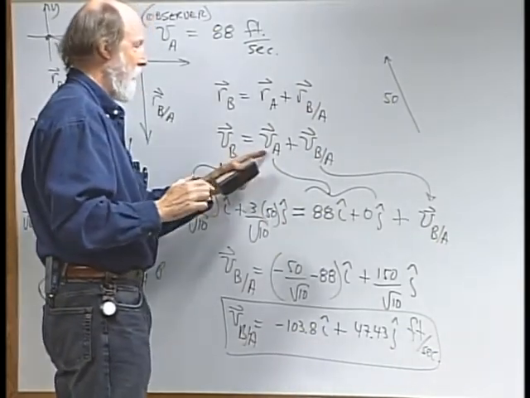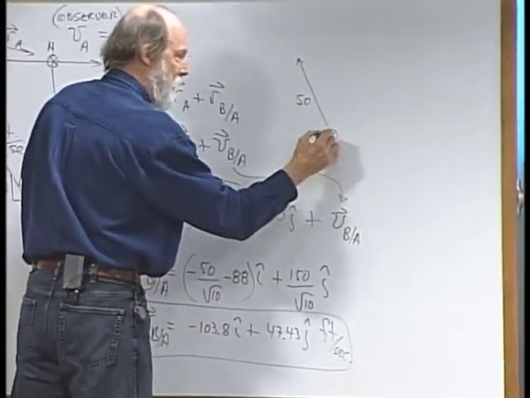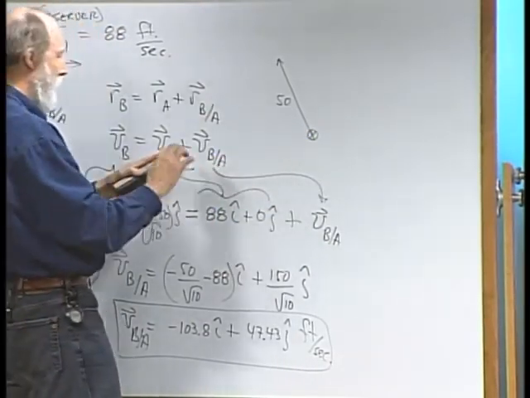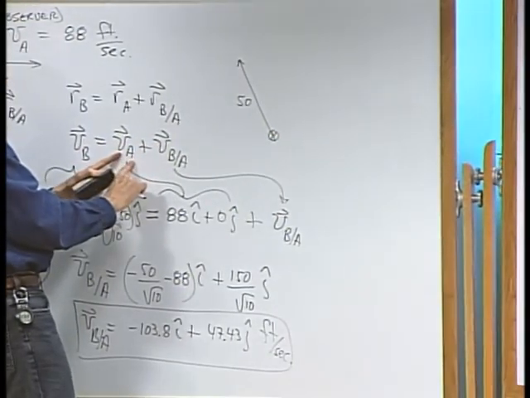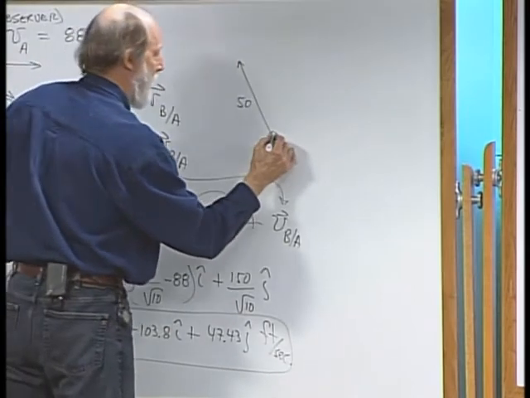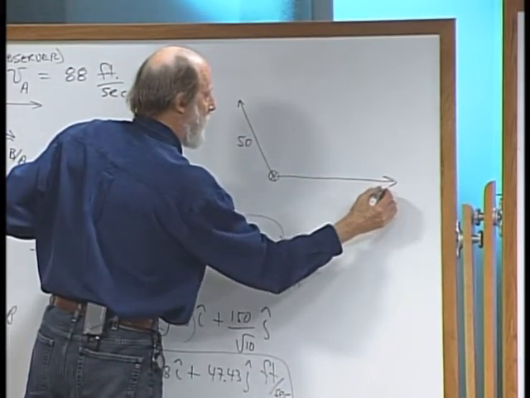On the other side of the equation is the known 88 feet per second to the right. So what we do is we start here at this pole and we draw it. 88. Relatively speaking, it's about like that.